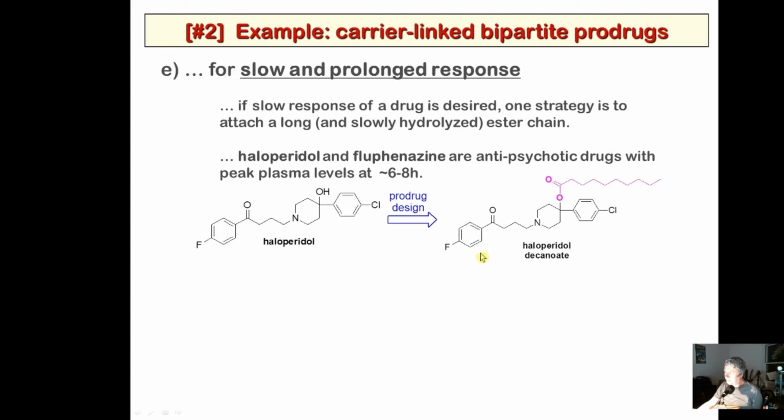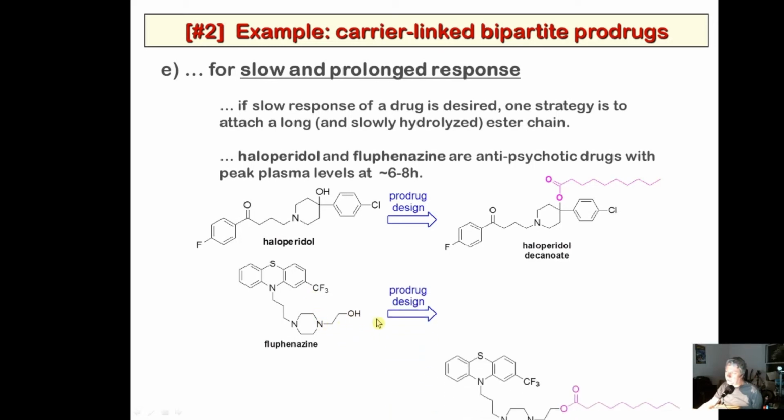What happens then is you administer this drug, and it gets absorbed into your fatty tissue and can last a long period of time and do a slow, prolonged release. Fluphenazine looks a little different, and it has a primary alcohol on it, and you do the same thing on this primary alcohol.